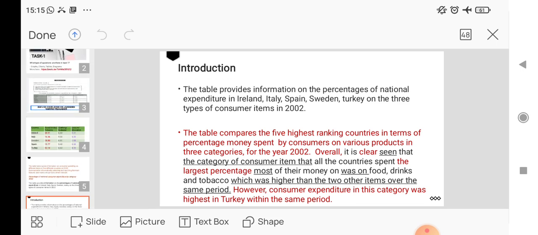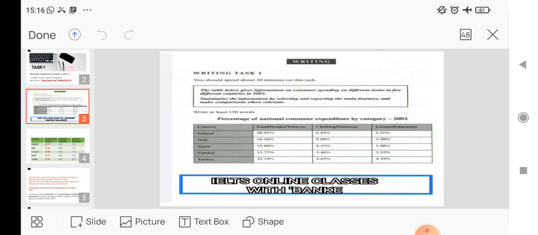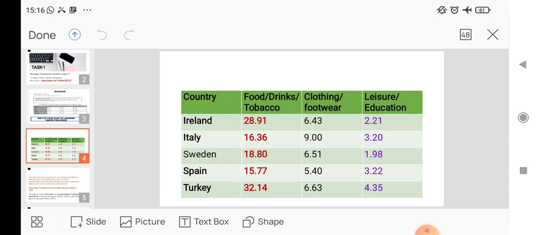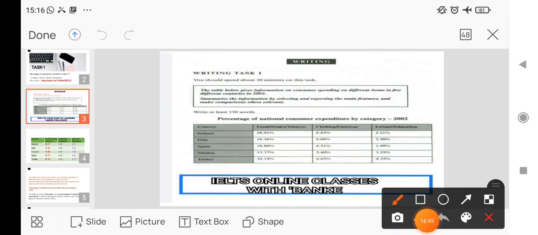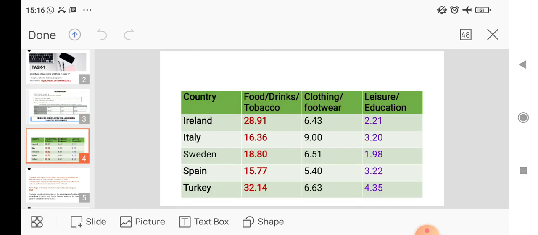That's why in the question you see that they indicated 2002, right? That's from the original question. You can see this is the year 2002 that was written there. So within that same period, most of the countries spent the highest percentage of their money on consumer items in the category of food, drinks, and tobacco.